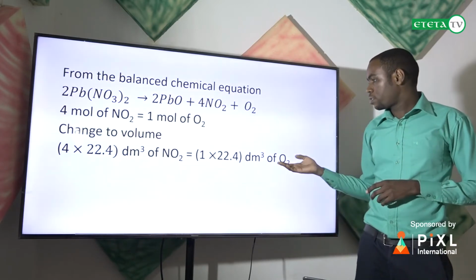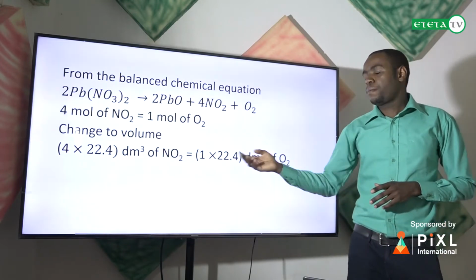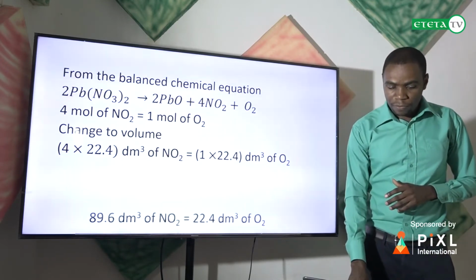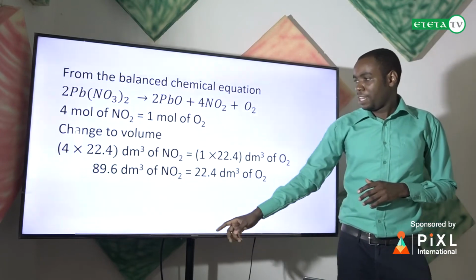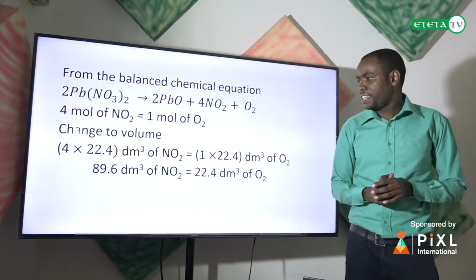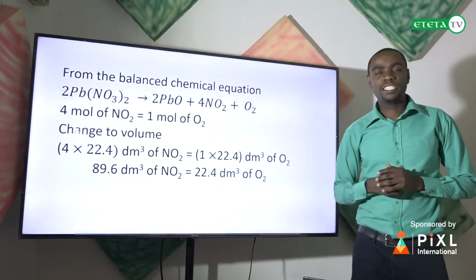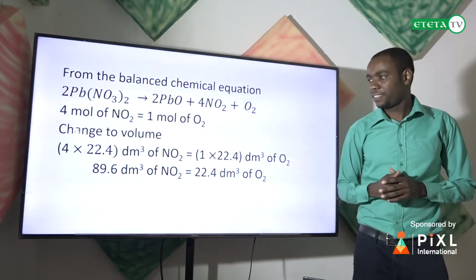And for the side of oxygen, you take 1, which is the number of moles of oxygen, you multiply by 22.4. And it will be like this one. 89.6 decimeter cube of nitrogen dioxide is equivalent to 22.4 decimeter cube of oxygen gas.